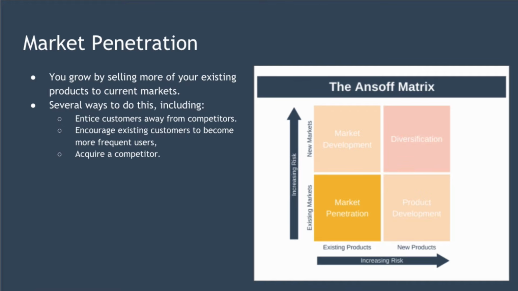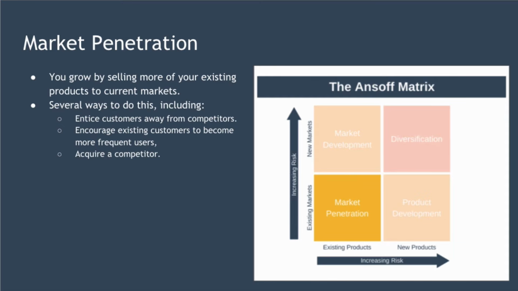Now, there are several different ways in which organizations can seek to improve their market penetration, including enticing customers away from competitors. That's usually achieved through a combination of aggressive pricing and advertising campaigns, but it could also be achieved by beefing up the size of your sales force.